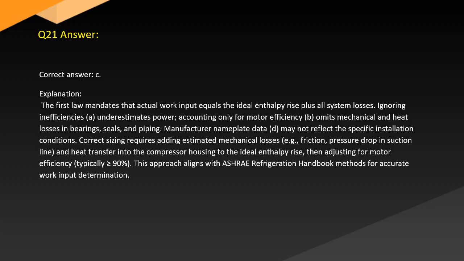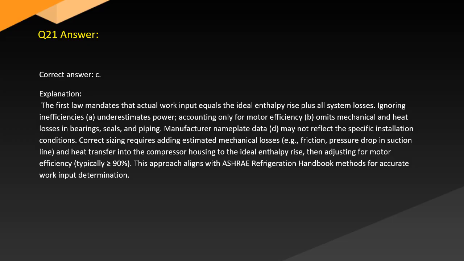Answer. Correct answer C. Explanation. The first law mandates that actual work input equals the ideal enthalpy rise plus all system losses. Ignoring inefficiencies (A) underestimates power. Accounting only for motor efficiency (B) omits mechanical and heat losses in bearings, seals, and piping. Manufacturer nameplate data (D) may not reflect the specific installation conditions.